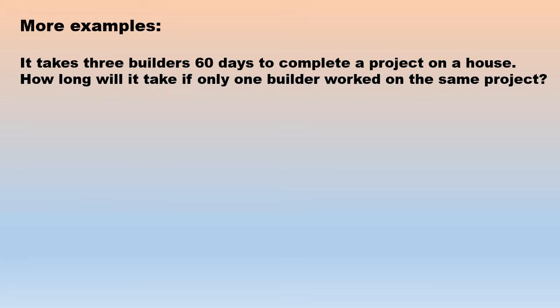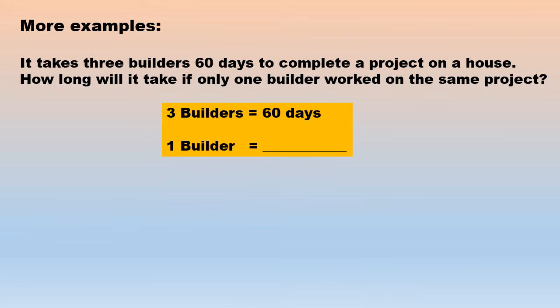Let's have a look at another example. It takes 3 builders 60 days to complete a project on a house. How long will it take if you only have 1 builder working on that same project? You write it up as you would with the pirate method: 3 builders equals 60 days. We don't want 3 builders, we only have 1 builder. So you start in the opposite direction from where you would have started with the pirate method.